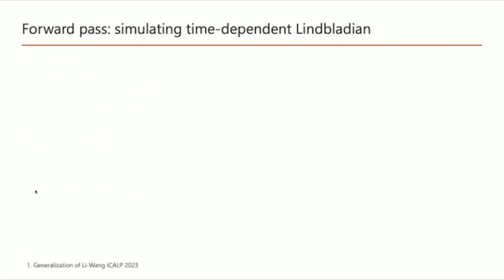Now, let me try to answer the three questions that I posed at the beginning. So the first thing is, how do we simulate this Lindblad dynamics efficiently? Fortunately, in the last few years, there are several algorithms that were developed, and they are all very efficient.